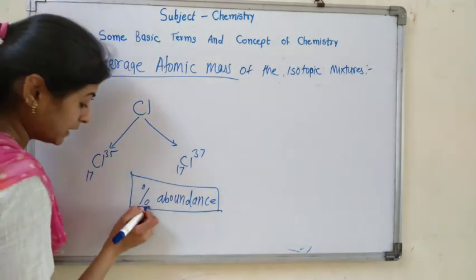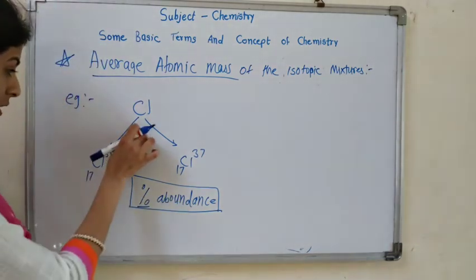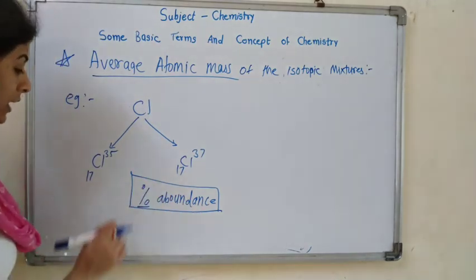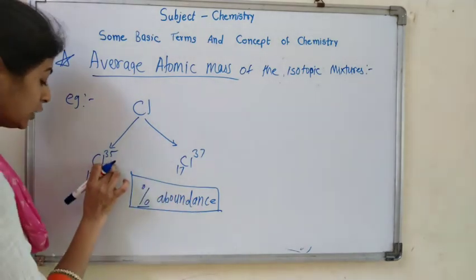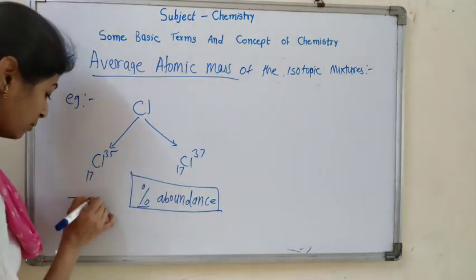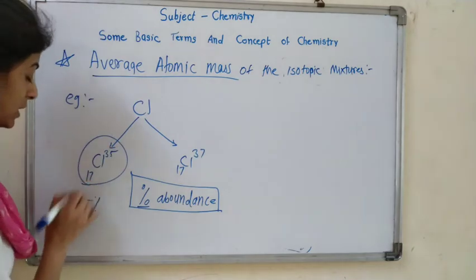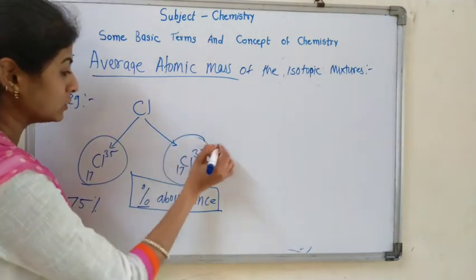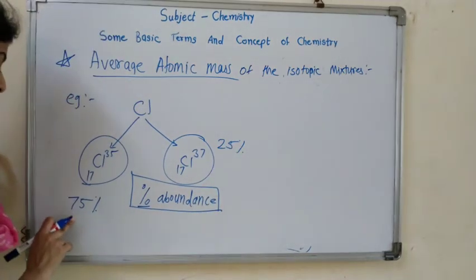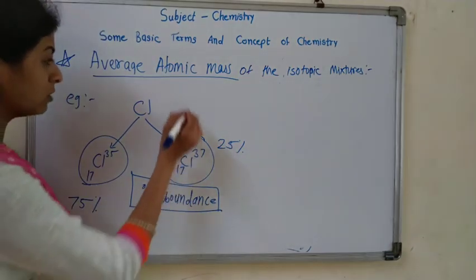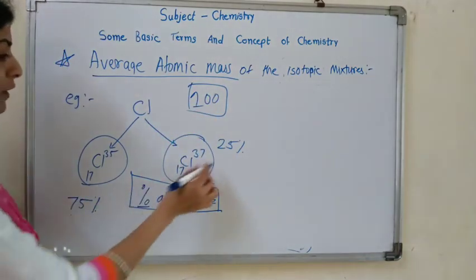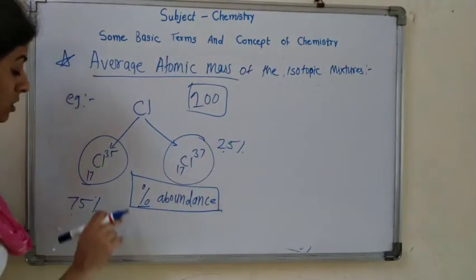The percentage of abundance of these isotopes in nature is called percent abundance. It means that Cl-35 is 75% present in nature, and this one is 25%. Remember that the percent abundance always adds up to 100. 75 plus 25, 100% abundance.